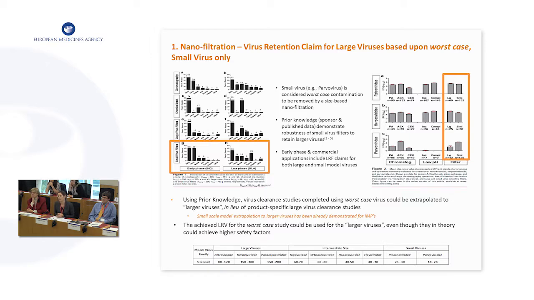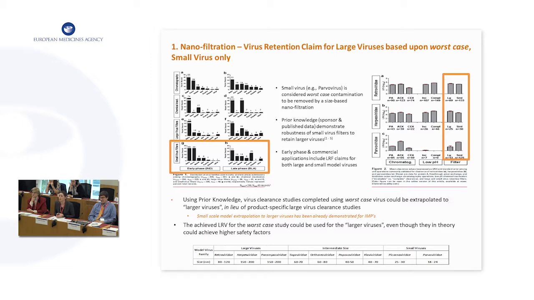But to begin with nanofiltration, there is quite a significant amount of published data, both from a regulatory perspective and also from industry knowledge, as to the types of viruses that are typically used to challenge small virus filtration, both for early phase or IND applications, CTA applications, and also for late phase marketing authorizations as well.